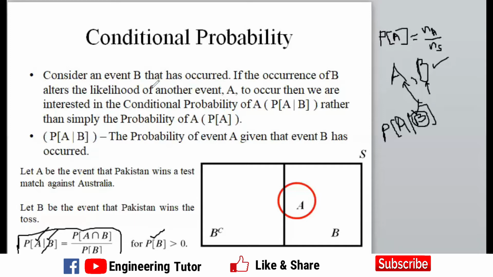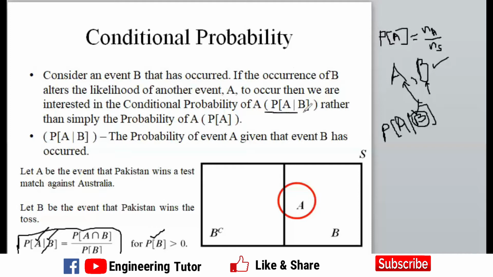So if you consider an event B that has occurred, and the occurrence of B alters the likelihood of another event, here the condition is that event B has occurred and has changed the likelihood of the occurrence of A. Then you can find the conditional probability of A, which I have told you, and that is this one.